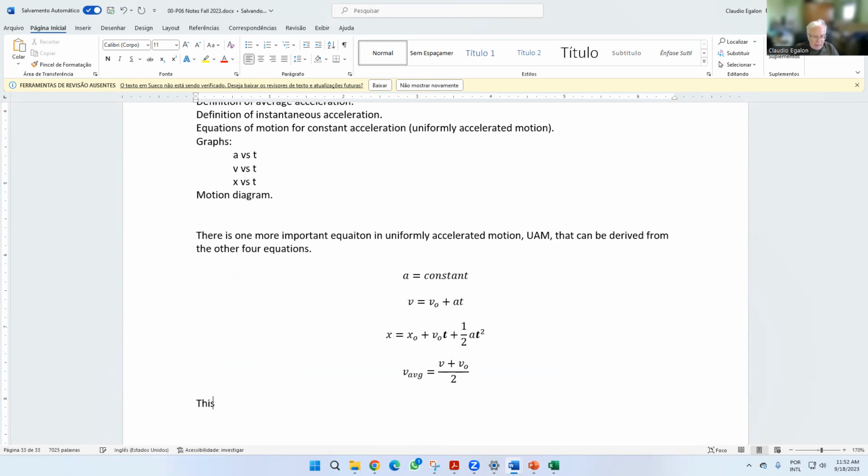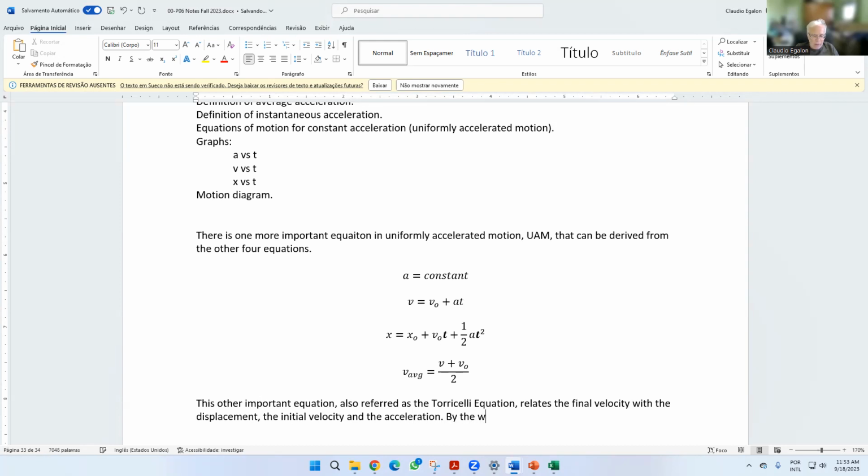Okay, this other important equation, also referred to as the Torricelli equation, relates the final velocity with the displacement, the initial velocity, and the acceleration.